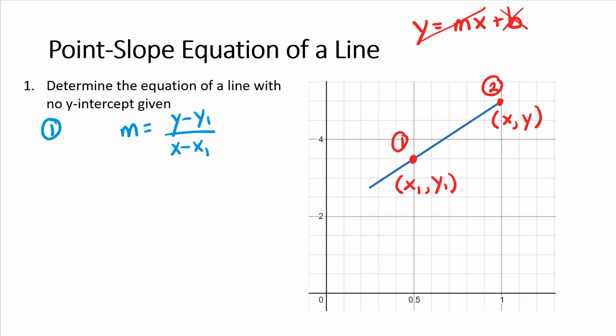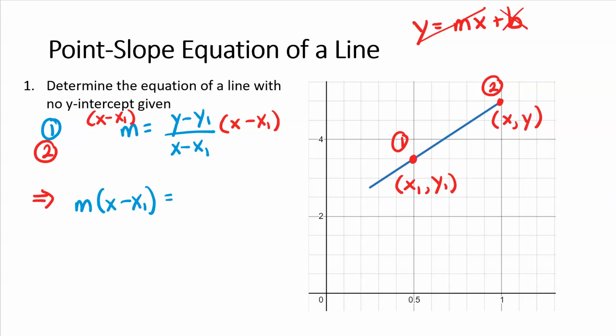And for step 2, we are going to multiply both sides by x minus x1. On the left side of the equation, you have m times x minus x1.